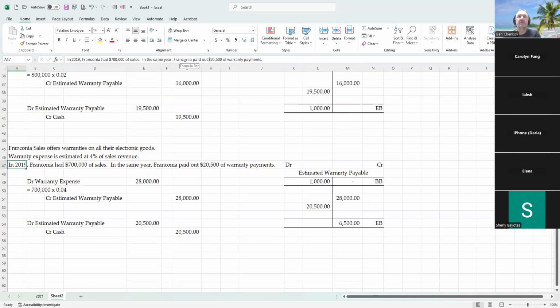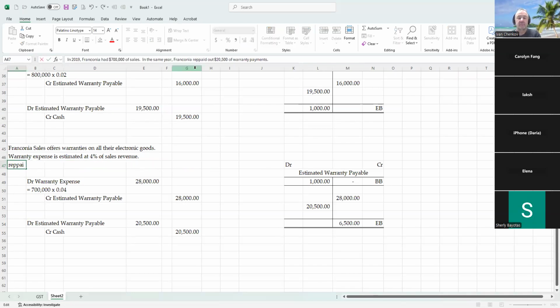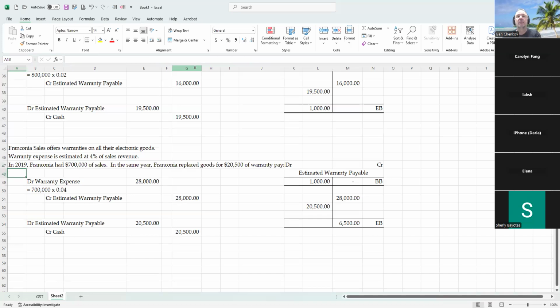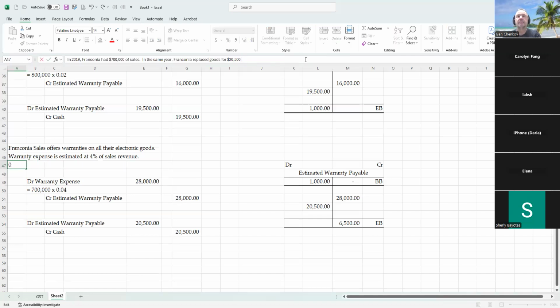She replaced goods for a warranty. Goods for $20,000 as part of the warranty.